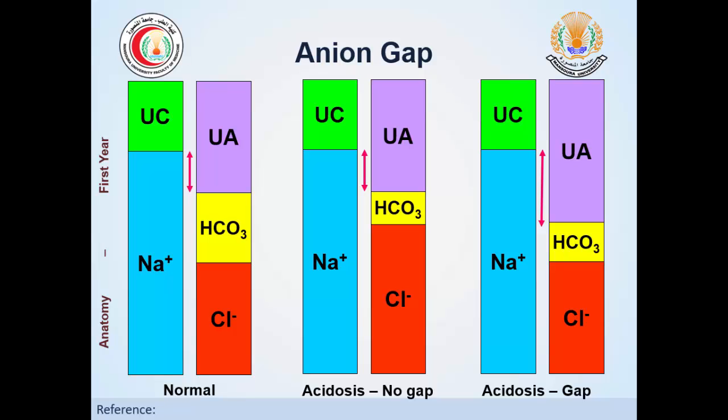So to keep the electrical charge neutrality, the chloride increased. So the anion gap is still normal. So if the bicarb is lost for any reason, the anion gap will be normal. Why? Because the chloride increases as a compensatory mechanism to keep the electrical charge neutrality.